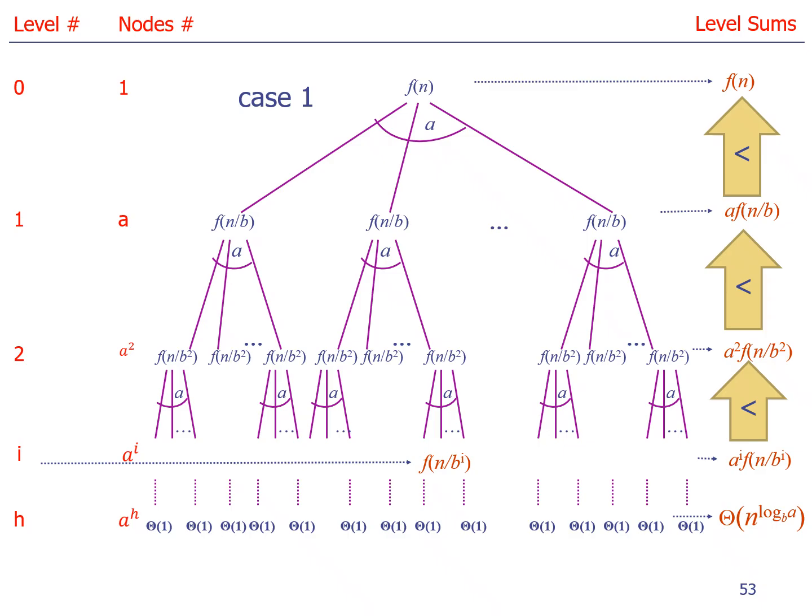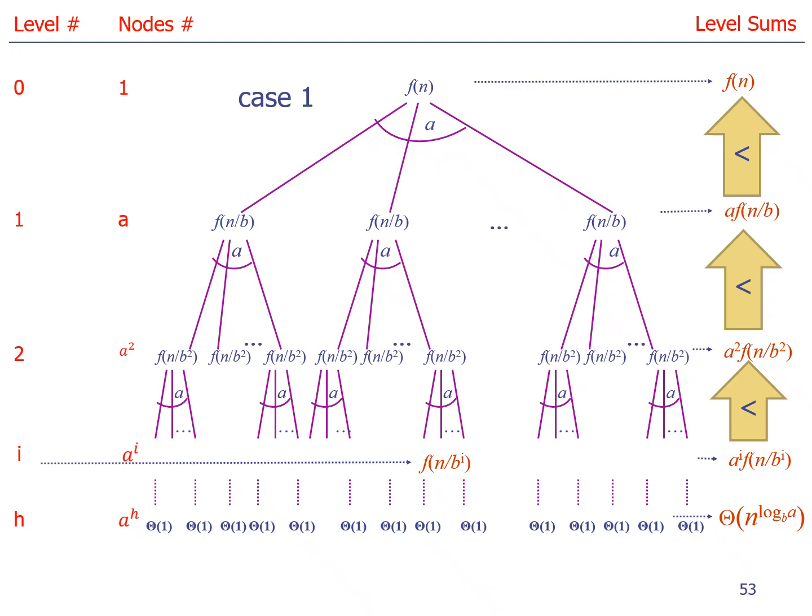In case one, the amount of work we do at the leaf level is the highest asymptotically compared to the rest of the tree. But since we are doing the division systematically, it will not be bigger than just the root. What we will see is a progression of increasing work. At level 0, way at the top of the tree, we did f of n.